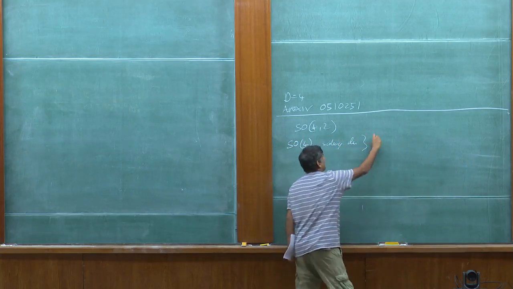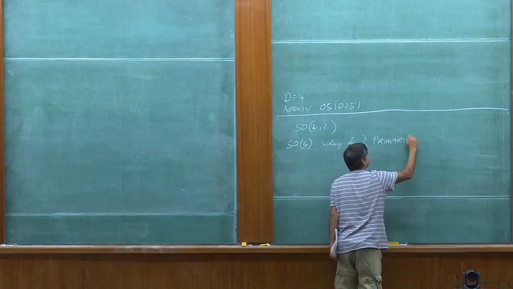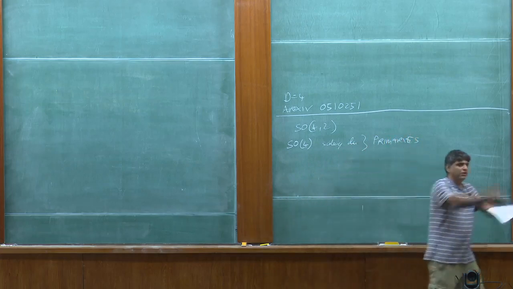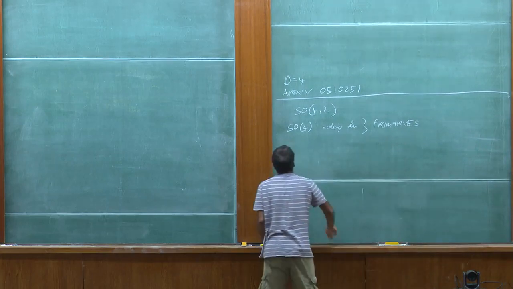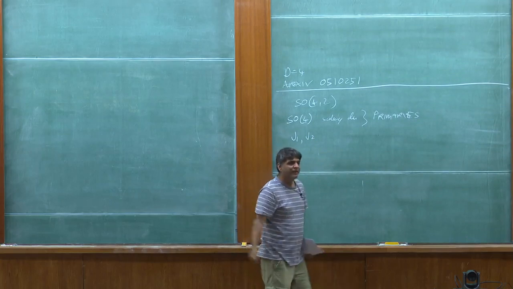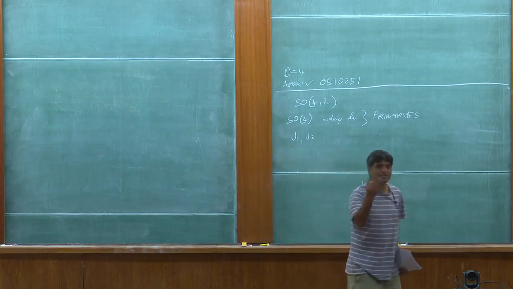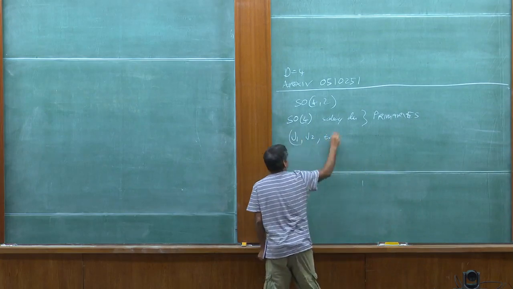This gives labels for the primary states, and then the whole module follows by acting on this primary with momenta. These are the descendants. So representations of the conformal group are labeled by J1, J2, the SU(2) times SU(2) integers, because SO(4) is SU(2) times SU(2), times some scaling dimension epsilon.